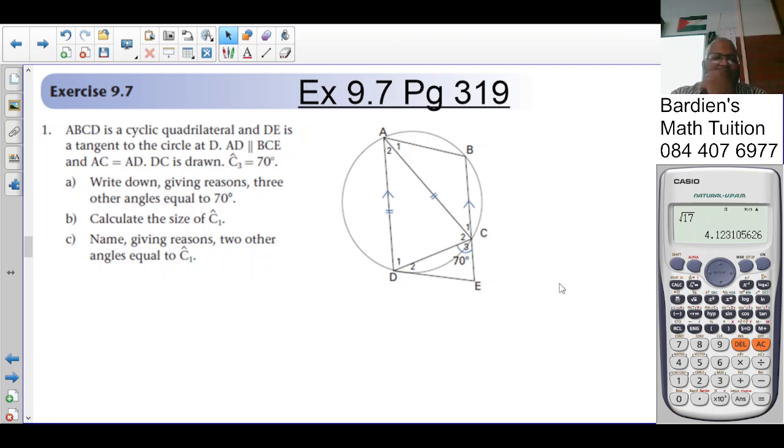People, we are told that ABCD is a cyclic quadrilateral. So by ABCD being a cyclic quad, what can be derived from it? Yes, good start. C3 is equal to BAD.